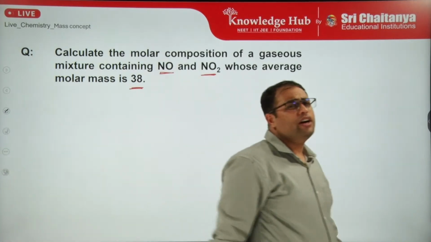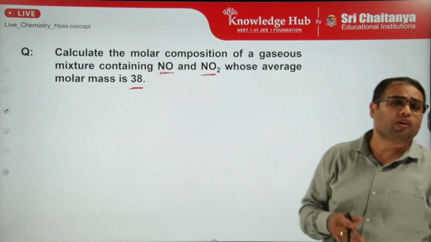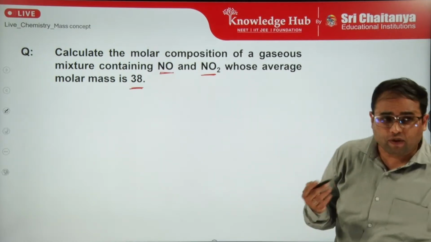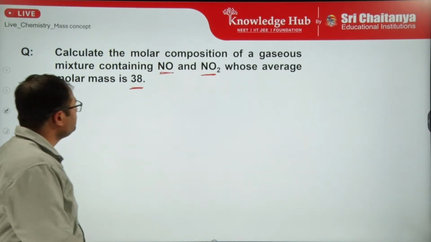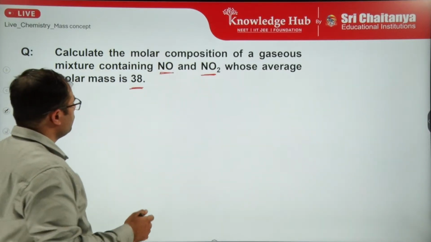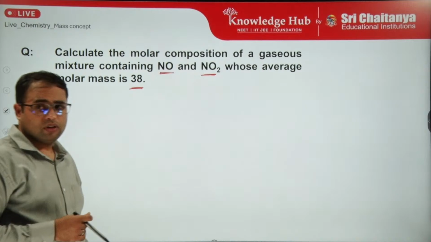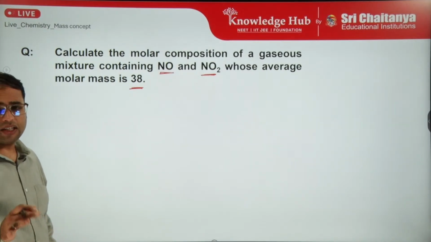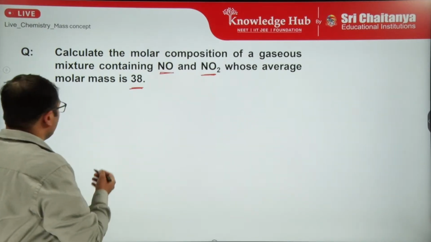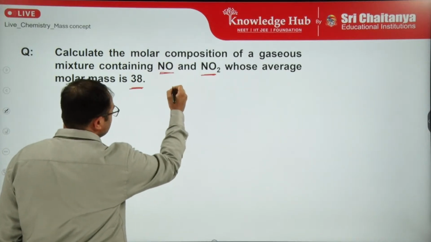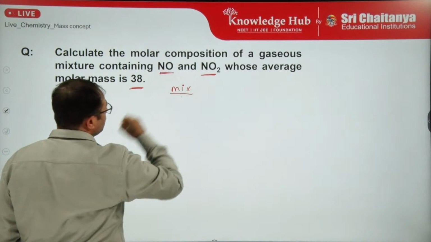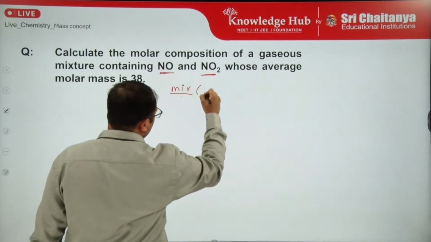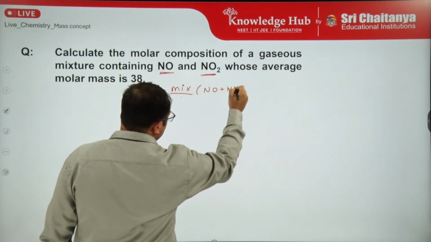Pause this video for a little bit and try and solve this question before I solve it for you. Done and dusted. So let me solve it for you. Now this is your mixture, where you have NO plus NO2.